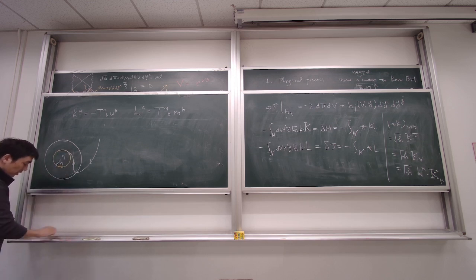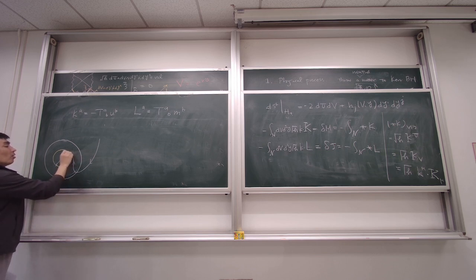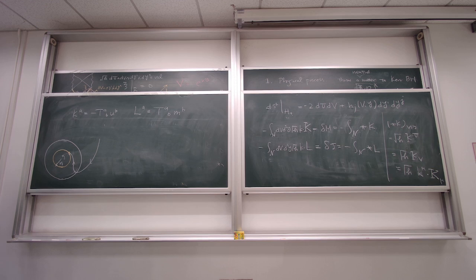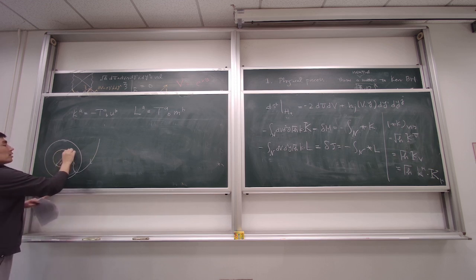we know that the matter can only take a vector like this. So this is u plus omega h times m. So this is the vector.